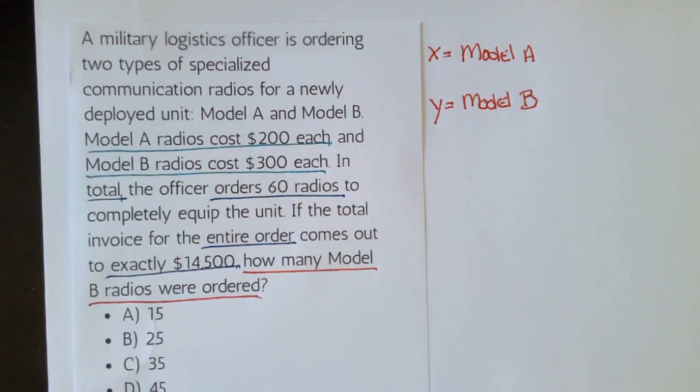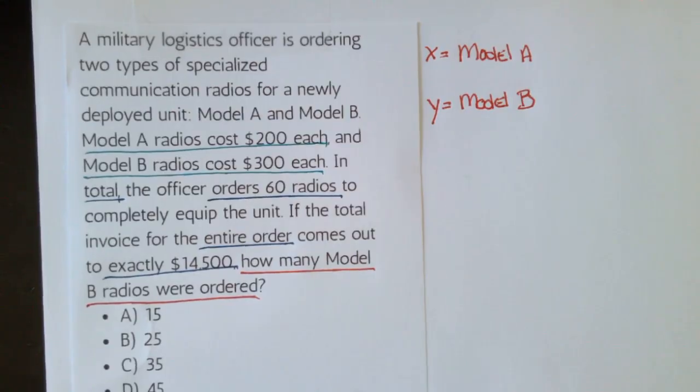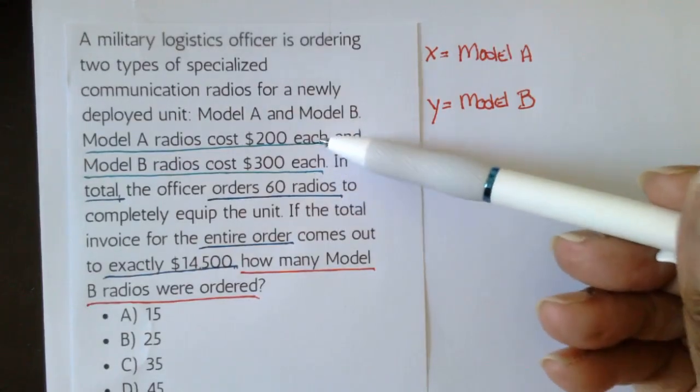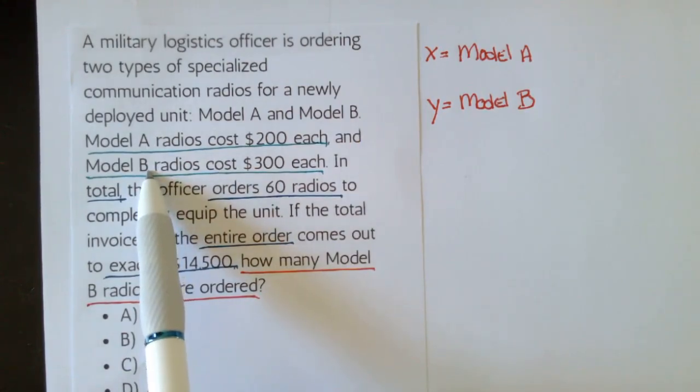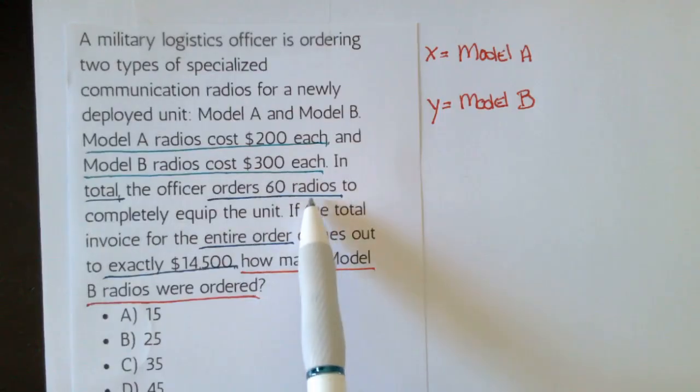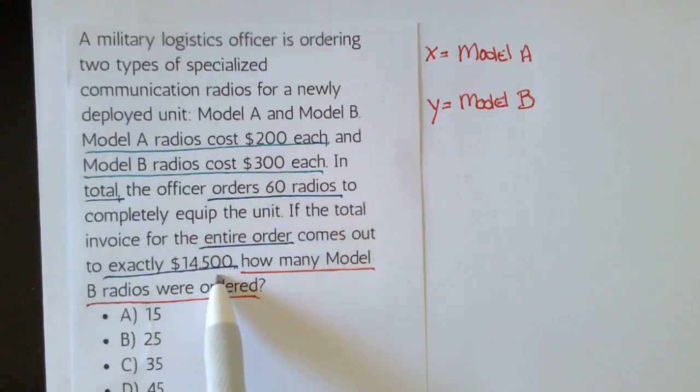So notice how we're just pulling information out. We are doing a comparison of two things, not just Model A and Model B radios. We're doing a comparison of radios and the money.